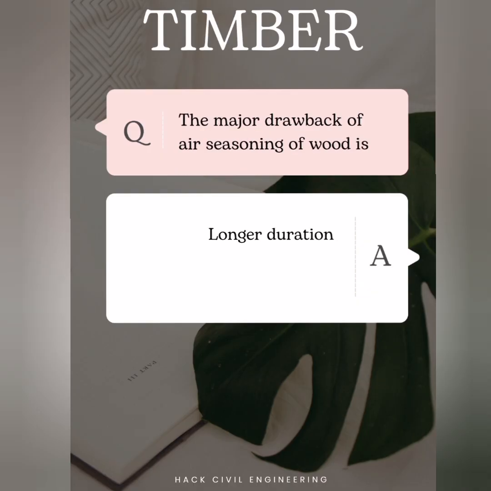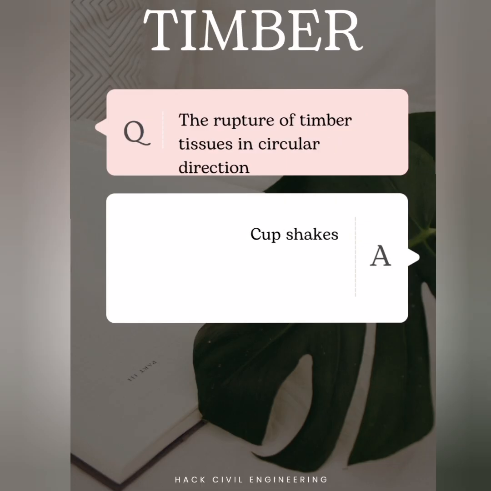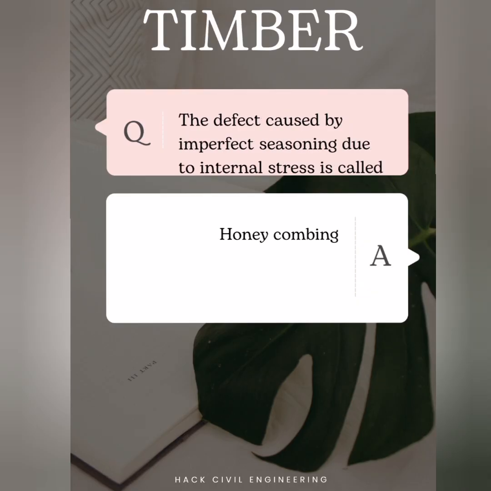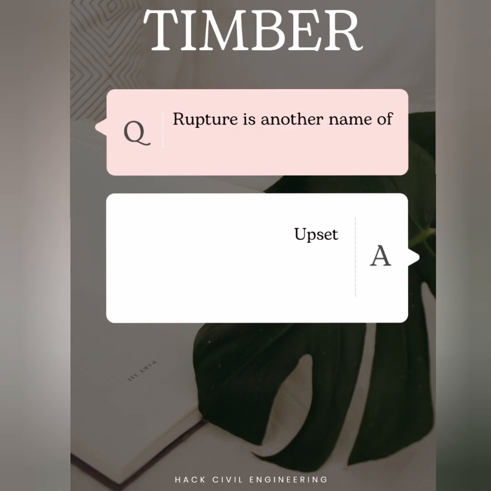The major drawback of air seasoning of wood is longer duration. The rupture of timber tissues in circular direction: cup shakes. The defect caused by imperfect seasoning due to internal stress is called honeycombing.